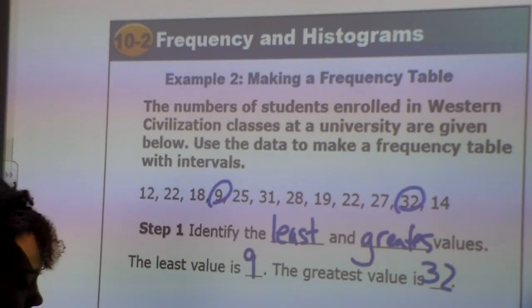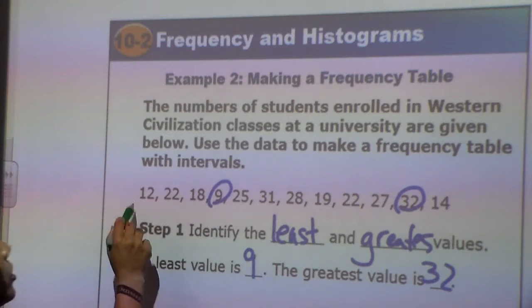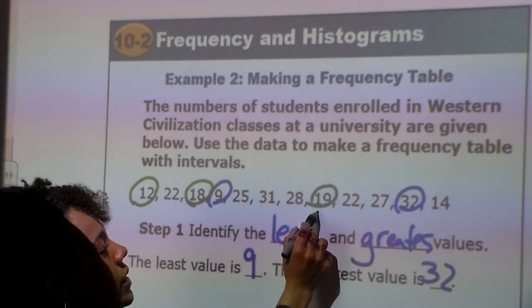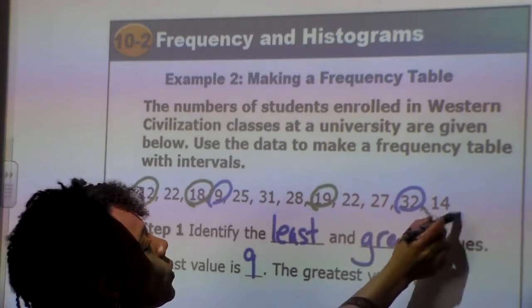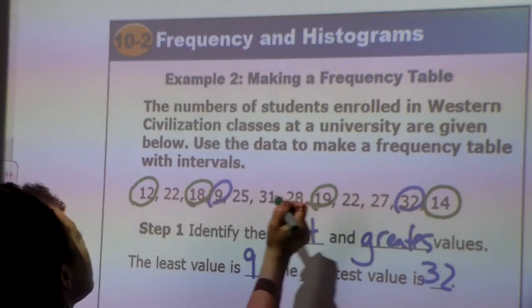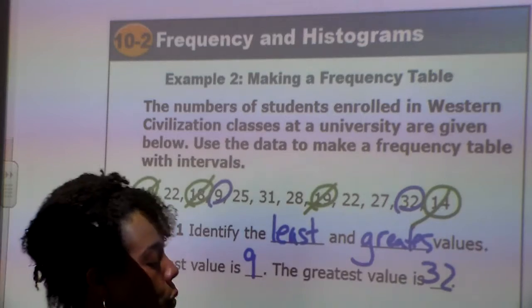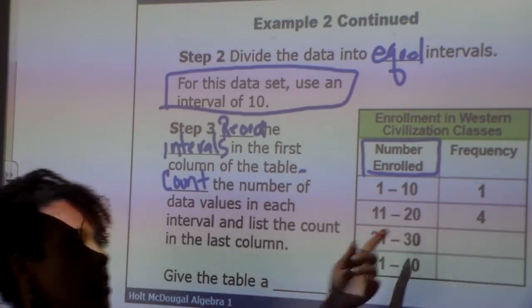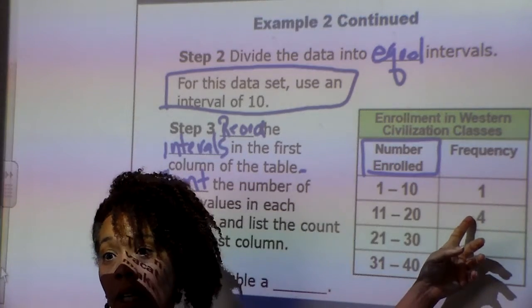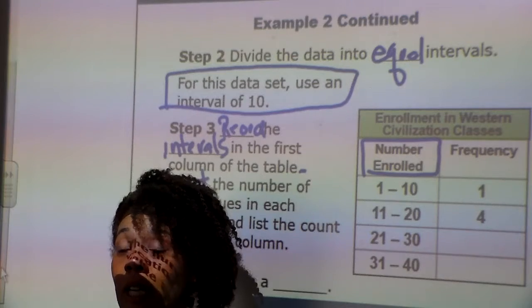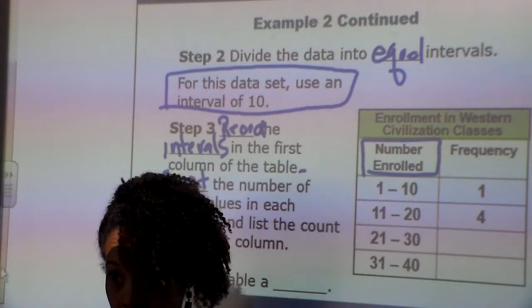I would look here and say, well, 12 is between 11 and 20. 18 is between 11 and 20. 19 is? 14 is? That's it. And that looks like it. So that's 1, 2, 3, 4 numbers that fall between 11 and 20. So that's why there's a 4 here in this column. 4 numbers fall in this range or interval. That's all you got to do.